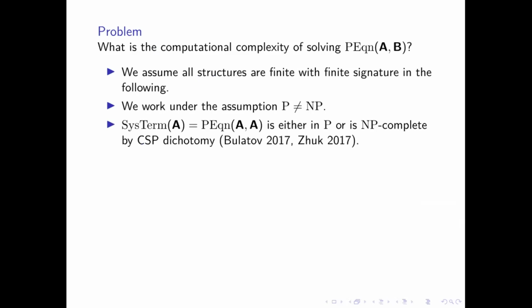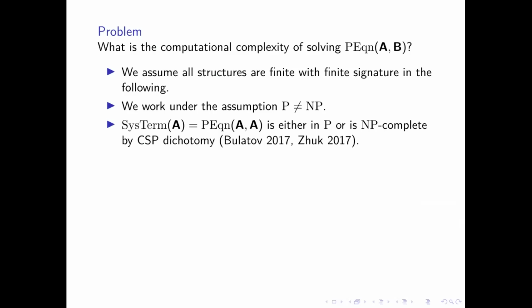So some known results. The famous CSP dichotomy theorem for finite algebras will apply here. This tells you the computational complexity of systerm A, which is the same thing as promise equations AA, is going to be either P or NP complete.